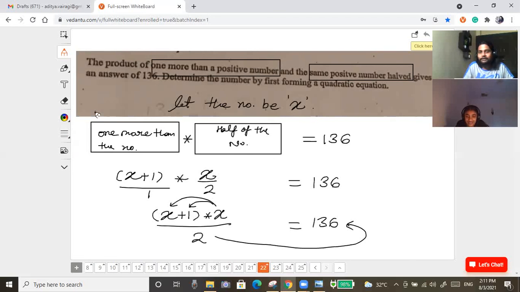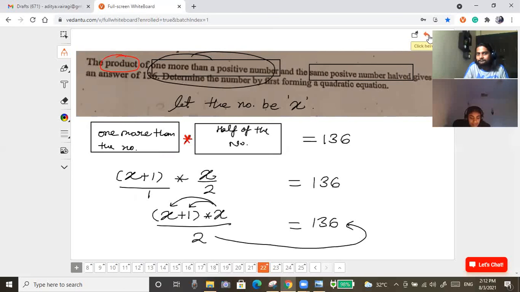Okay, the question said the product. Product means what? Multiplication, right? Multiplication means we have to multiply two things. The first thing is one more than the positive number, one more than the number itself.